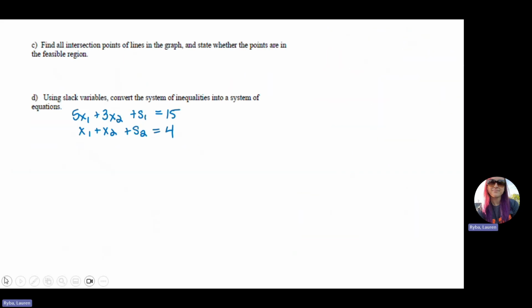So if we go back and we graph these, let's see, I'm going to make x1 here. This is x2. So if I solve for x1, that's 3, 1, 2, 3. It's going to cross there. And it's going to cross 1, 2, 3, 4, 5 up here at 5.